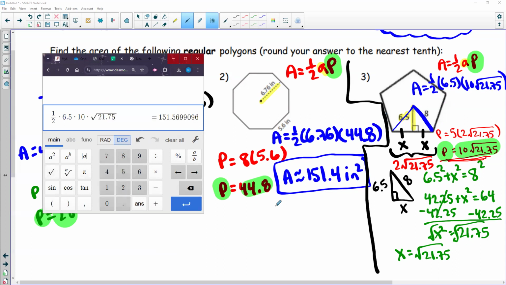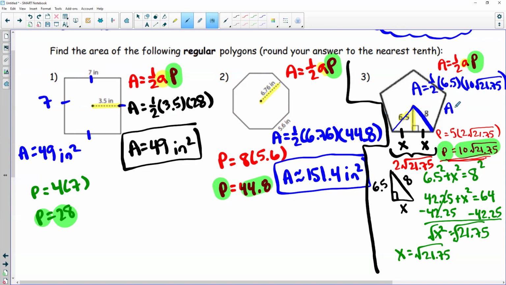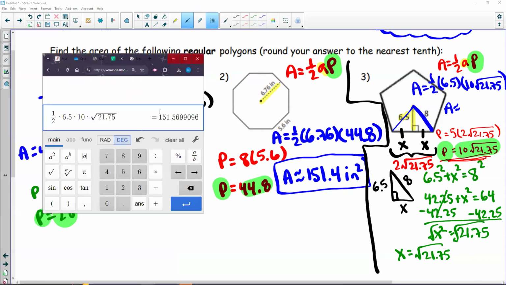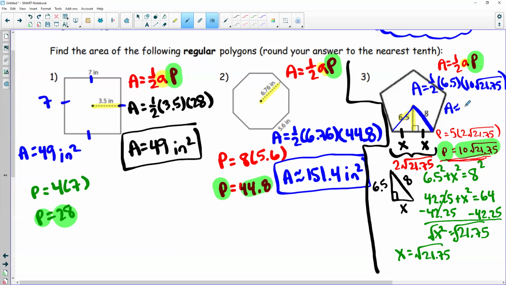So kind of a mouthful there, but when we multiply this all out, we get an area, and now we can round to the nearest tenth. Rounded to the nearest tenth, which is one number after the decimal, this 151.5 would round up to 151.6. So the area is approximately 151.6, and they don't give us any units here, so I'm just going to put units squared.